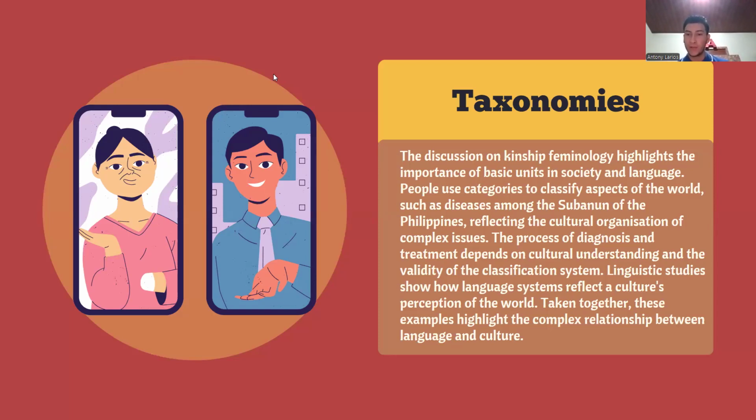The process of diagnosis and treatment depends on the cultural understanding and the validity of the classification system. Linguistic studies show how language systems reflect the cultural representation of the world. Taken together, these examples highlight the complex relationships between language and culture.